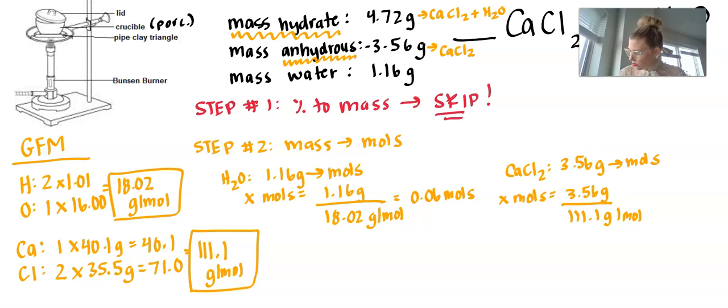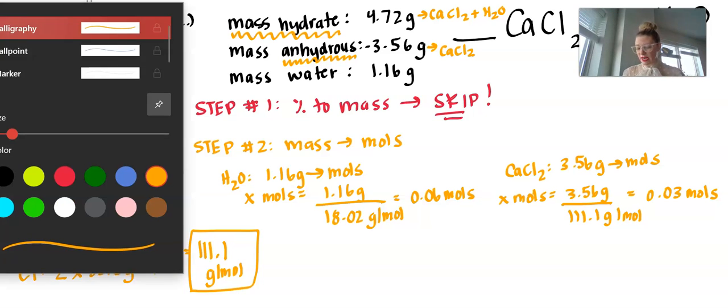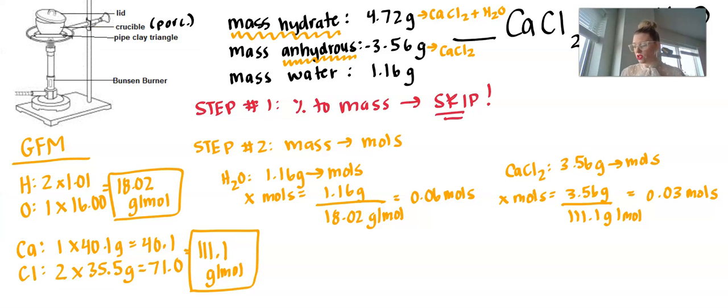And that's going to give me a total of 0.03 moles. Okay, so now we have our mole values of each. And again, our overall goal is to determine the ratio of anhydrous CaCl2 to the water trapped inside. So in order to find the ratio, we need to complete step number 3, which is to divide by small.